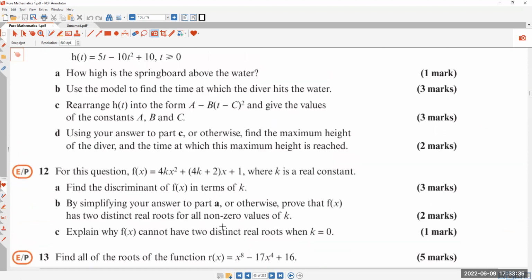I will do question number 12 now over here. Okay, and 11. How much did I give? 3, 6, 7, 8, and 11.